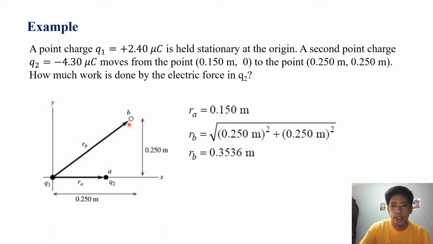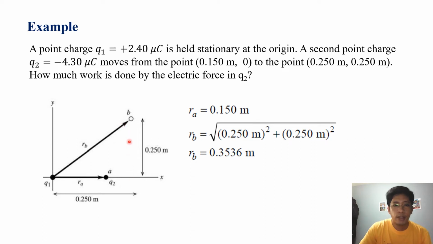But before that, let us find the distances R. So RA, since this one here is just your x-axis, your RA is just 0.150 meters. So your Q2 is just 0.150 meters from Q1. And then for RB, you have this one here. The location of your point B is at 0.250 meters x and 0.250 meters y.